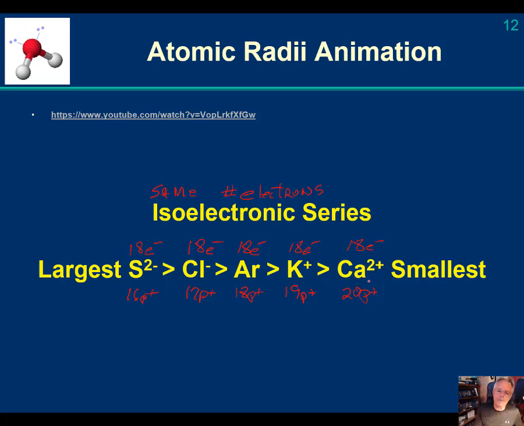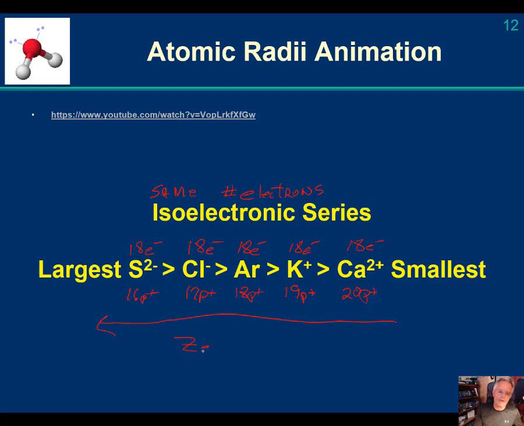So how come calcium, which is definitely heavier, is smaller than sulfide ion? And why does the trend go from smallest to largest? Well, remember effective nuclear charge.